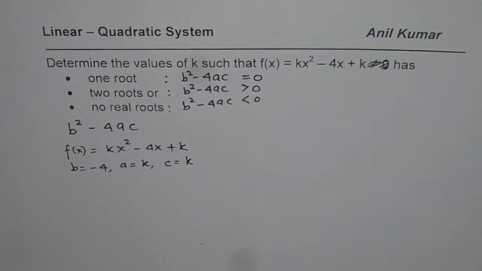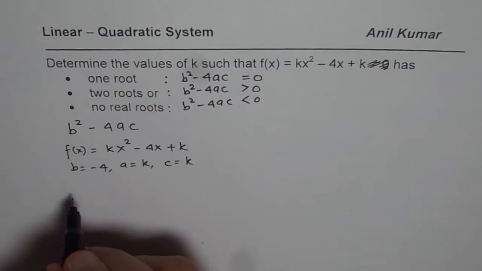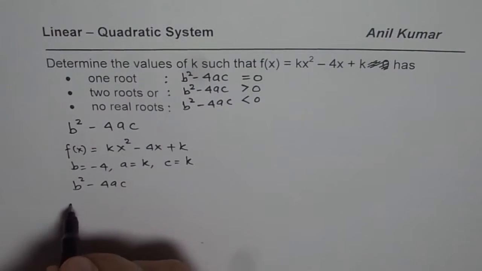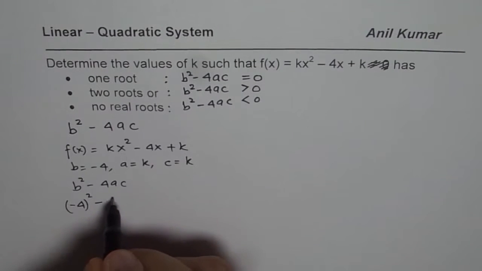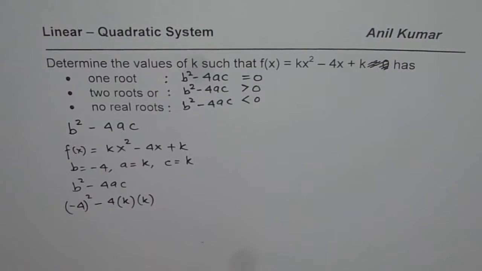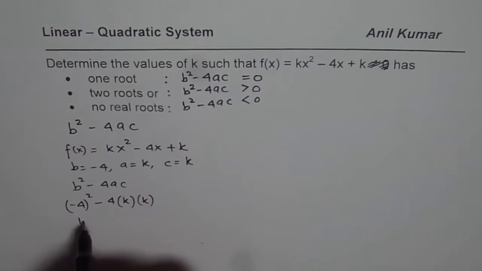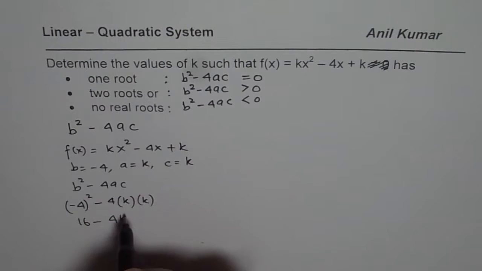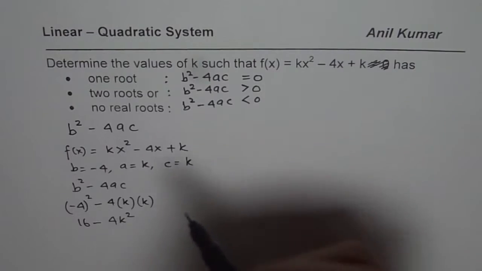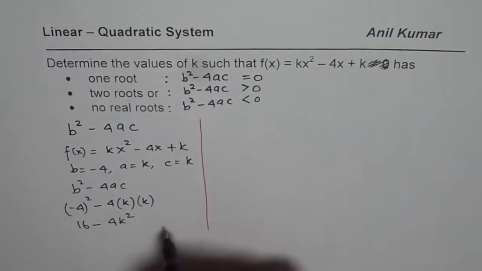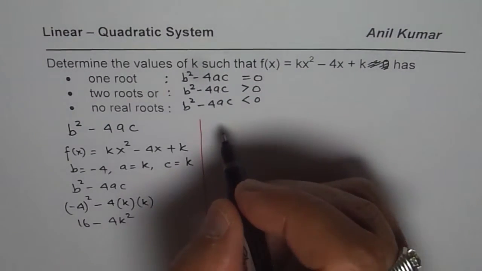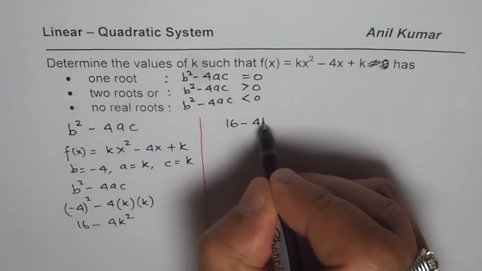So b square minus 4ac will be minus 4 whole square minus 4 times a, which is k, and c, which is also k. So we are basically trying to analyze 16 minus 4k square. Let us now figure out what condition on the value of k will make these things happen.